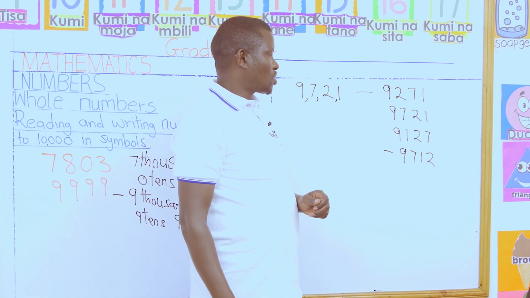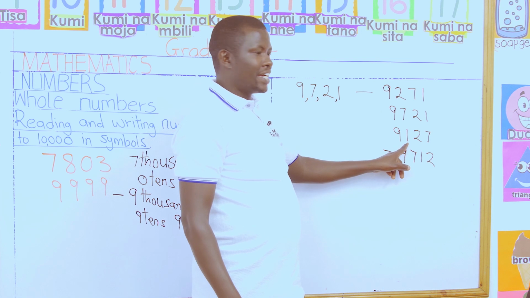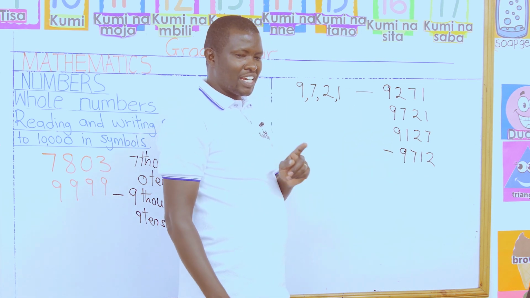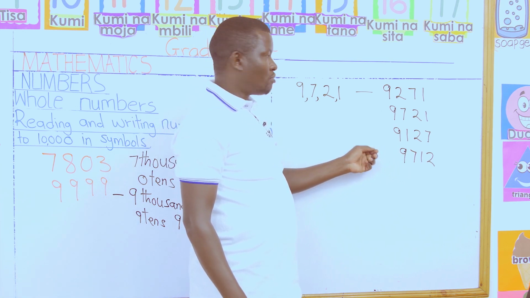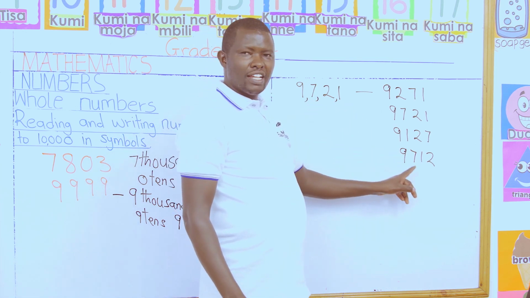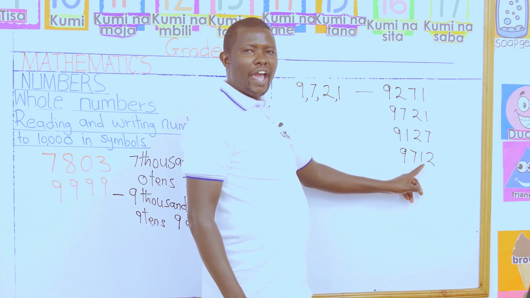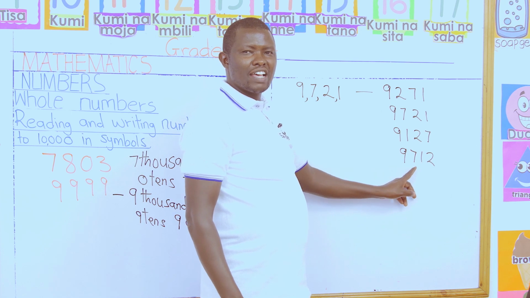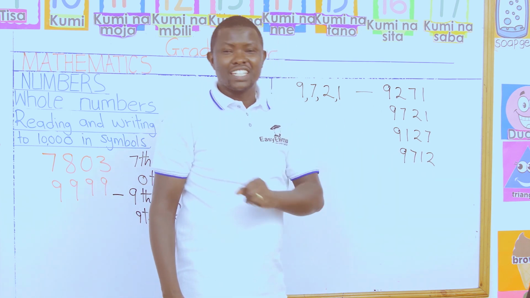Can we repeat what Tom has said? 9,127. That is very correct. Wangari and your group, the last number that has been formed from the combination of the digits: 9,712. That is still very, very correct.